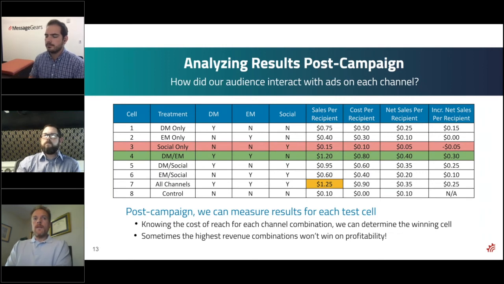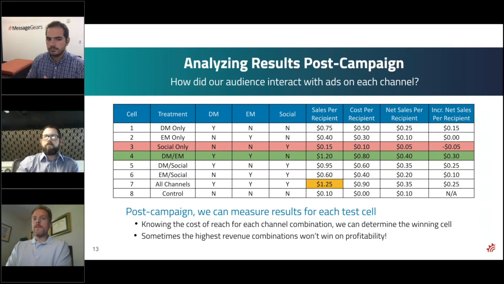In this example, looking at the sales results, the top performing channel combination was the fourth cell, direct mail and email. That combination generated an incremental net sales per recipient, in the far right column, of 30 cents, the highest performer.